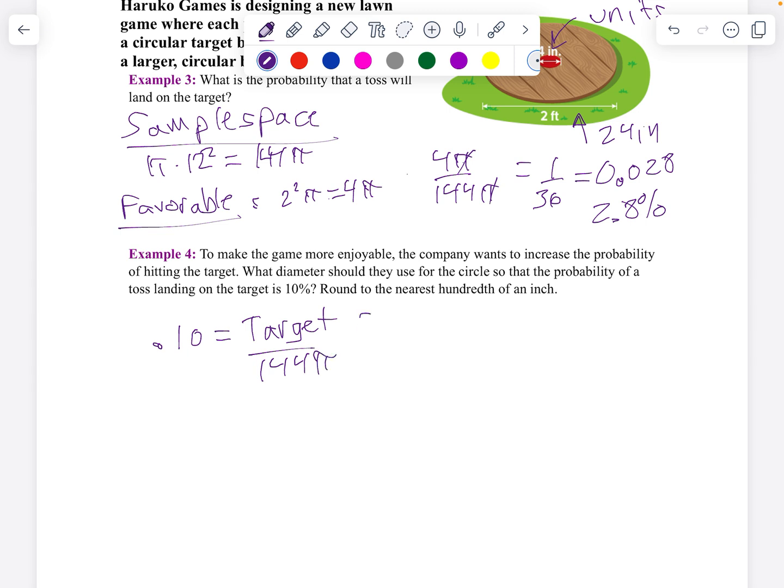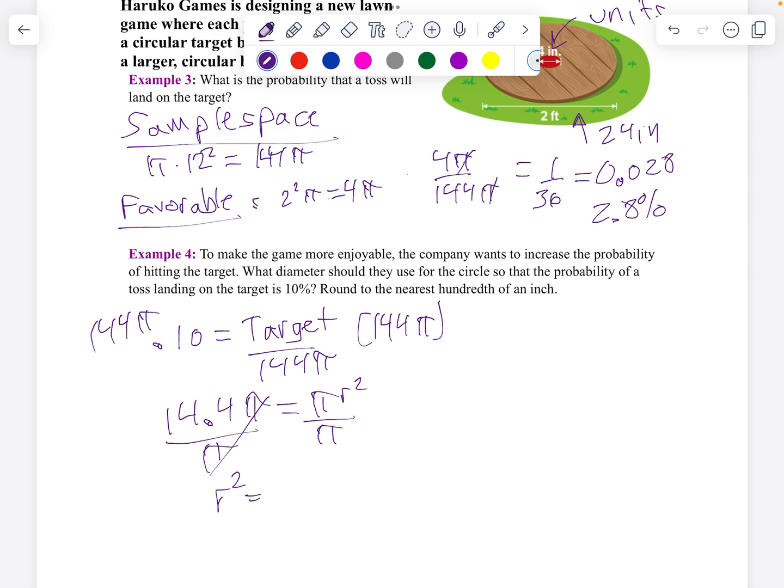Well, if I multiply both sides by 144 pi, I'll get 14.4 pi. And I want to find the radius, so I'm going to go pi r squared. So I'll divide both sides by pi. R squared is 14.4. So I'll take the square root of that.